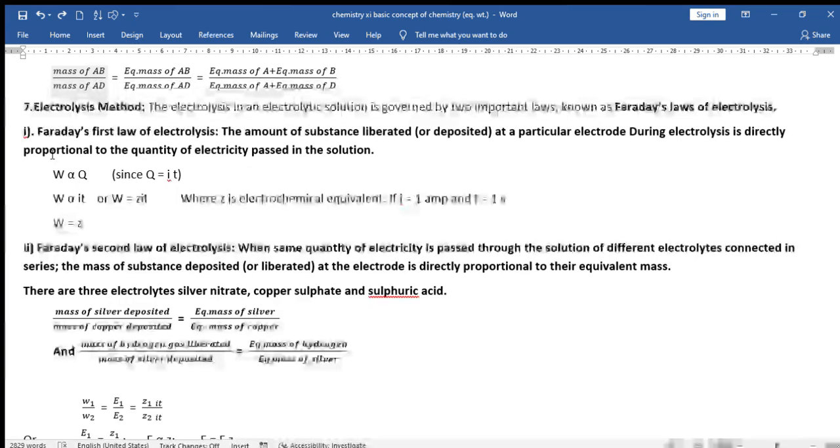This means the amount of substance collected, W, is directly proportional to Q, where Q is the amount of electricity or charge passed through the solution. And we all know that Q is equal to I into T.